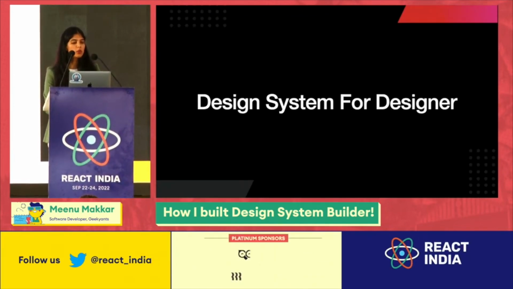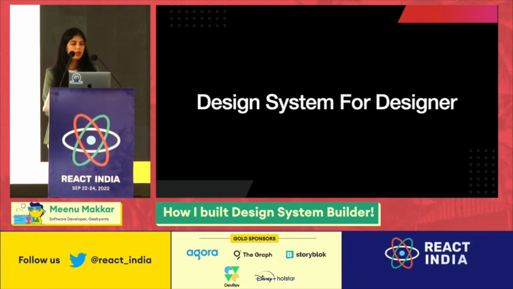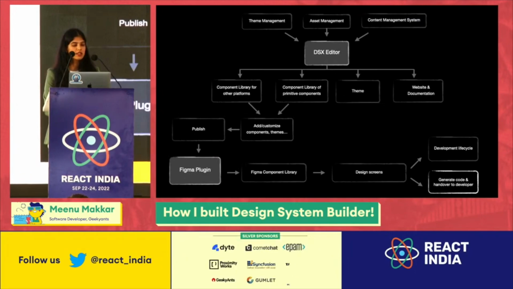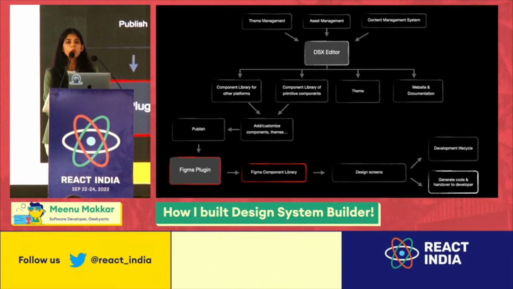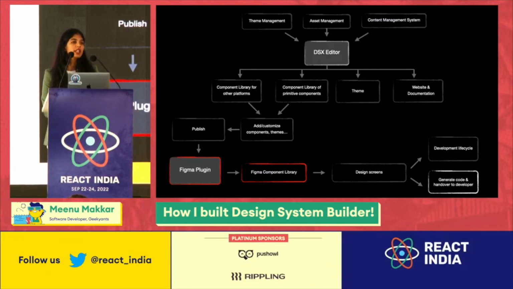We have almost covered all the parts of the design system for developers, but designers also need the component library to remain consistent across their screen designs. If developers and designers use the same component library from the same source of truth, there will be very little chance of inconsistency across design and development.